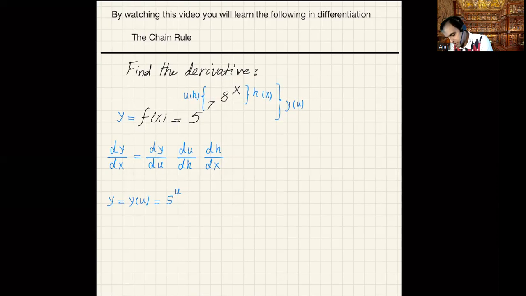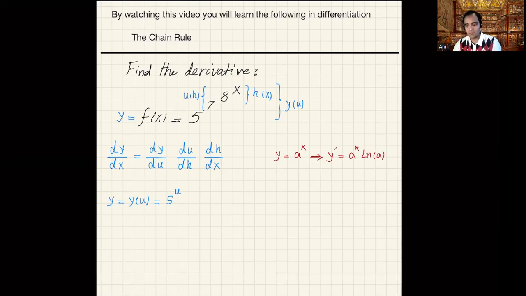Let me show it here. If y is equal to a to the power of x, where a is a positive real constant, then y prime, or dy over dx, is a to the power of x ln of a.